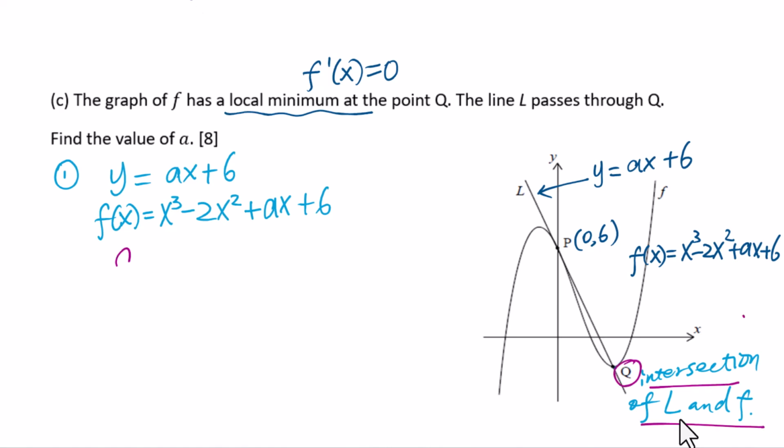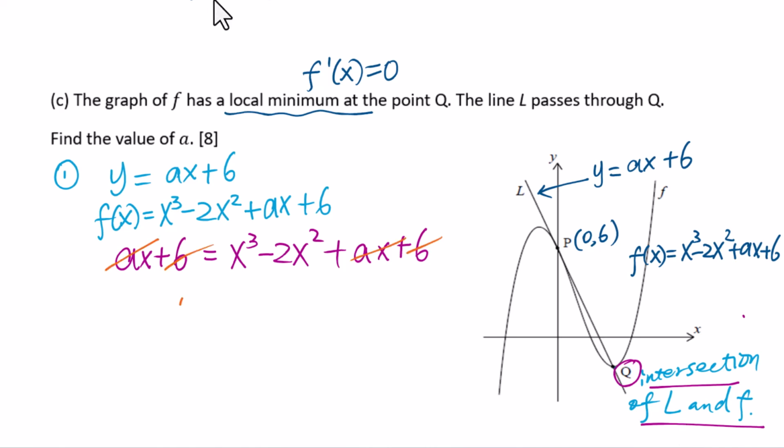So we get ax plus 6 equals x to the third power minus 2x squared plus ax plus 6. Simplify. We get 0 equals x to the third power minus 2x squared. X to the third power means we have more than one solution.